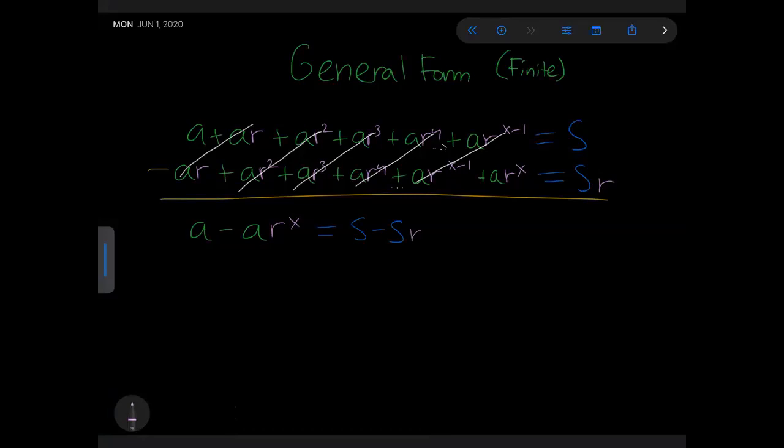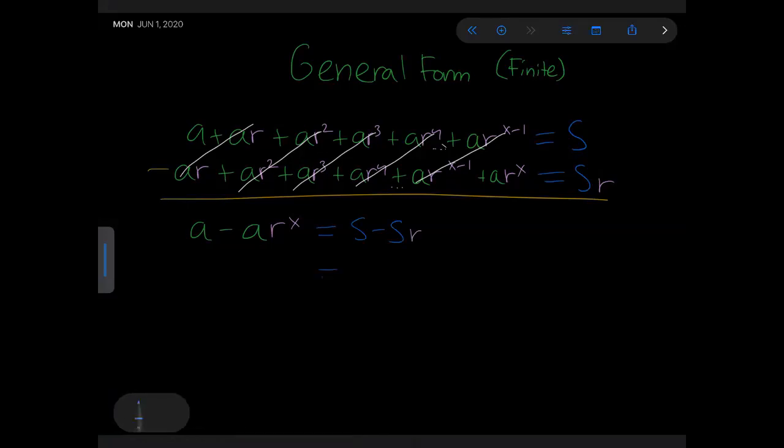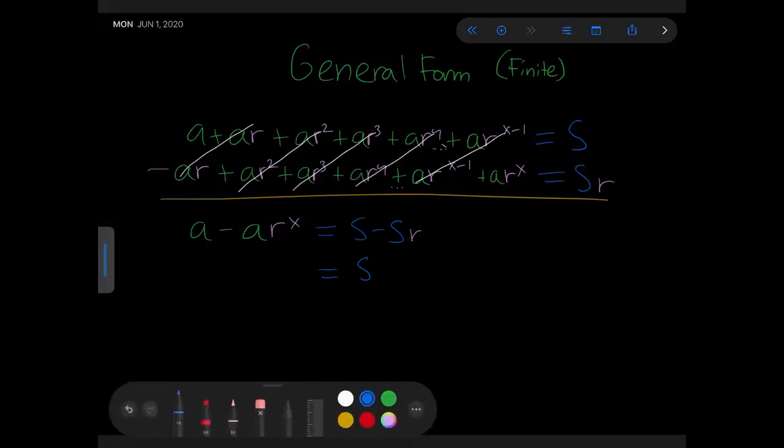Very similar to what we did before. We're going to isolate our s and solve for it. Let's factor it out. So this is going to equal s times 1 minus r. And while we're at it, we can factor out the a on the left-hand side too.